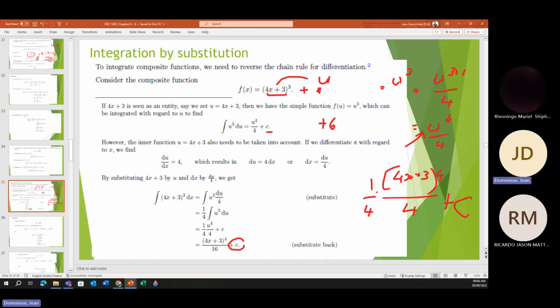And when we would have differentiated it, remember, when we differentiate a constant, it falls away. So that's why in all the integration formulas, we will put in plus C just as a placeholder for the possibility that there could have been a constant.